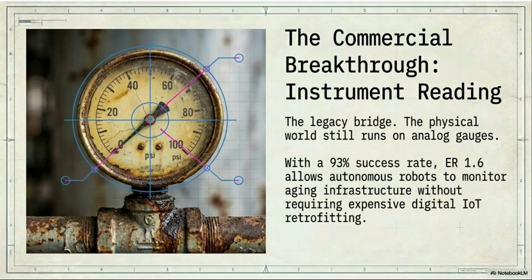By zooming and cropping, it can understand that this is a voltmeter or analog device, and it is also capable of taking a reading from that analog instrument.